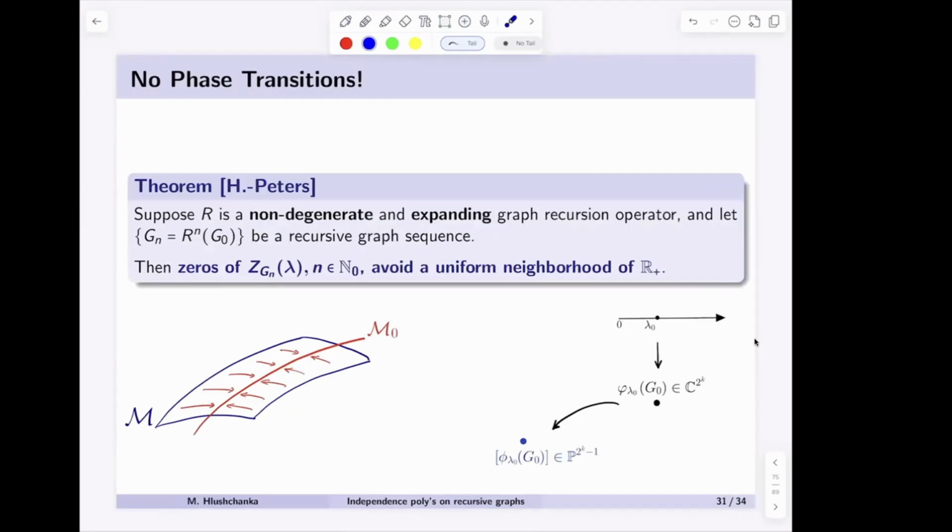And here is a brief outline of the proof. We pick some positive real parameter lambda naught. We look at the corresponding values of the subpartition function, phi lambda naught of G naught, where G naught is a starting graph. We projectivize them, so we have a point in the projective space.